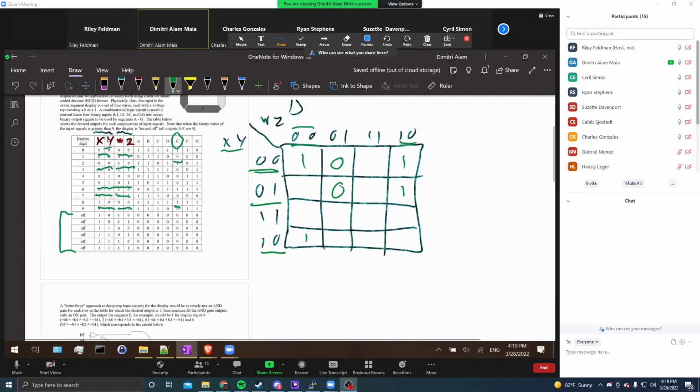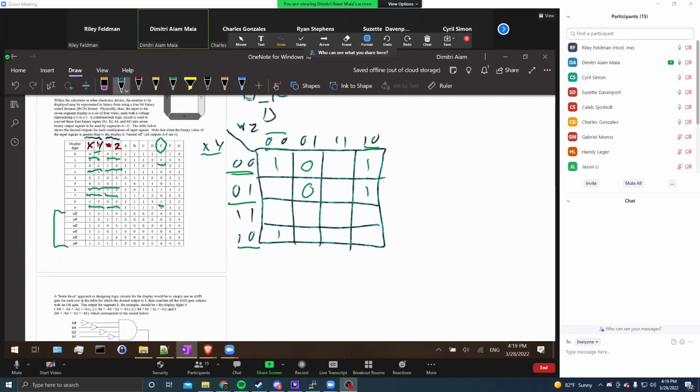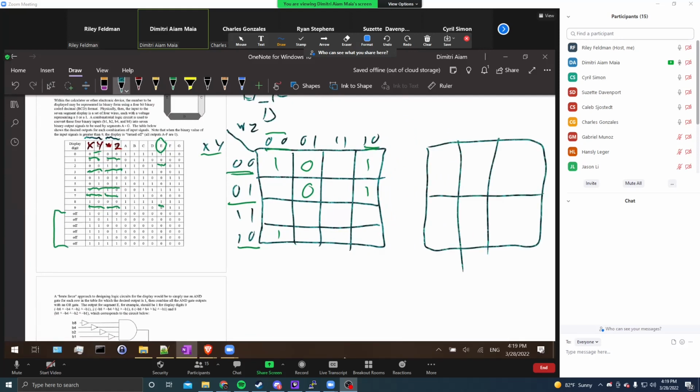Another way you guys can speed run the K-map is just always skipping the third on the counting. So you go 0, 1, and then you skip the third, 2, 3, 4, 5, skip 5, 6, 7, and then you also skip the third over here, 6, 7, 8, 9, skip 10, 11, and then you come back here, 12, 13, 14, 15, and then you just plug the numbers.